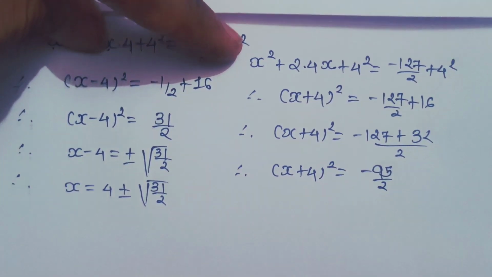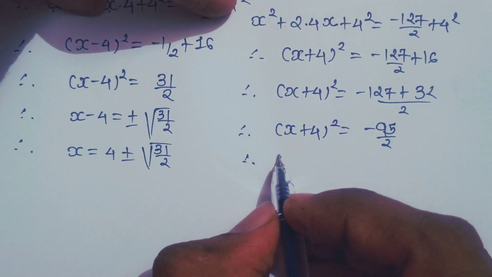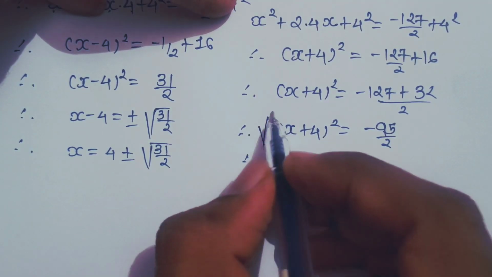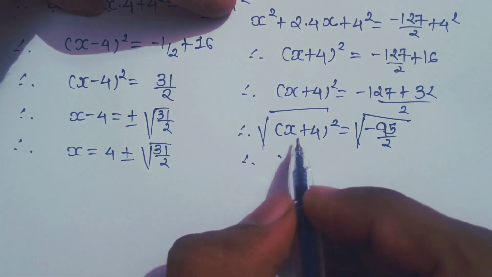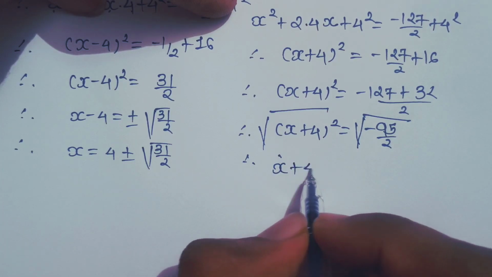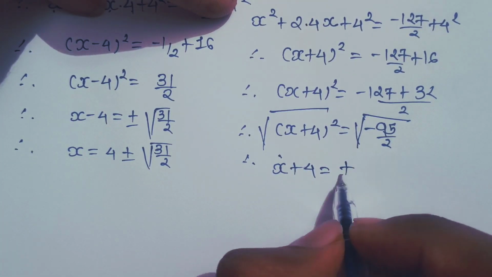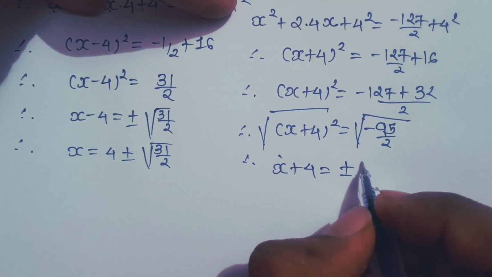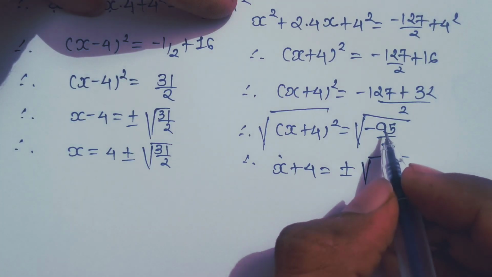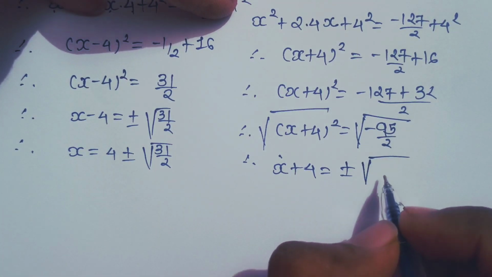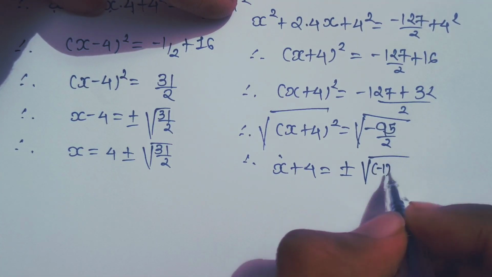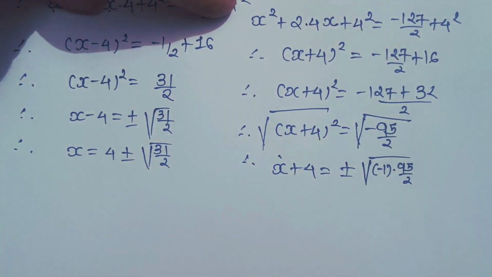Therefore if you take the square root on both sides, square root and square cancel out, so here x plus 4, and here plus or minus, right? Clear? The square root of 95 upon 2, or minus 1 means minus 1 into 95 upon 2, or not?